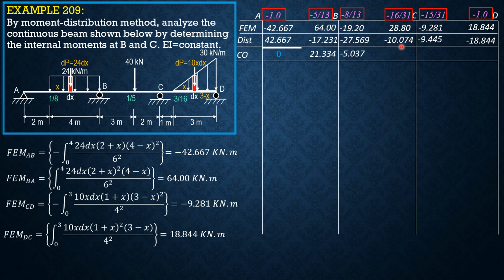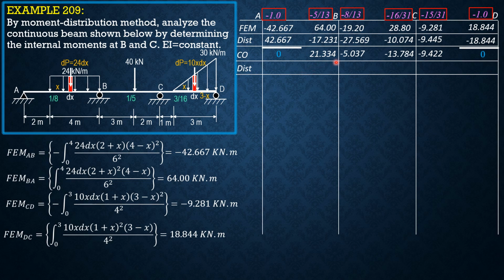Half of negative 10.074, put it here, negative 5.037, half of negative 27.569 here, negative 13.784. And at D, it's already balanced, so its final moment is 0. We don't need to carry over half of negative 9.445 at D, but rather half of negative 18.844 at C, negative 9.422. Then distribute.